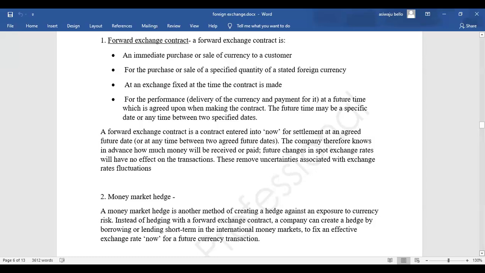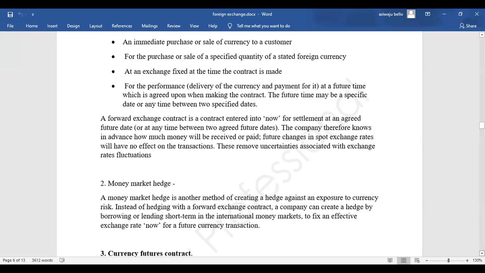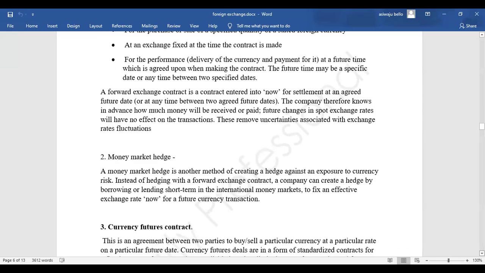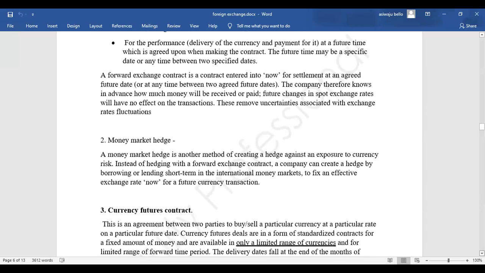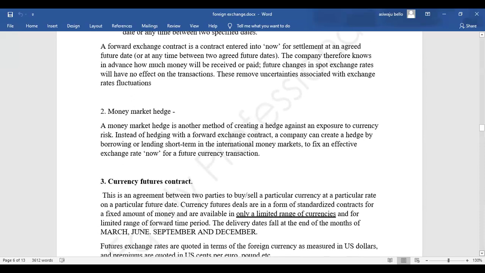Now, in order to save time, we did a voice note to support this class. When you get to currency futures, it is also a binding hedging instrument. These instruments can be used to hedge in the futures market.